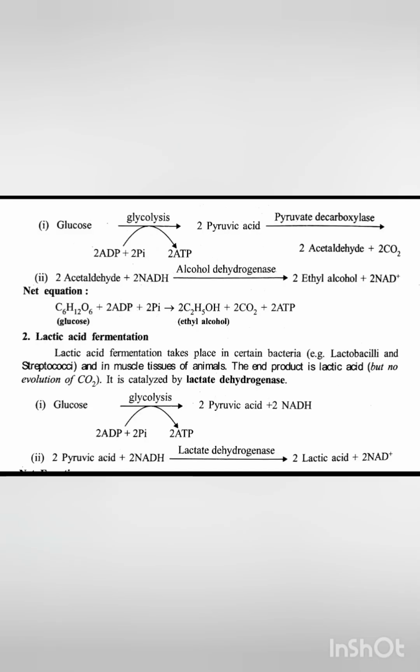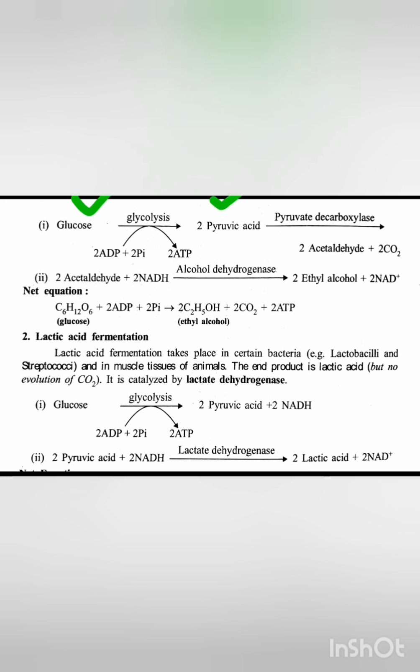Anaerobic respiration can be of two types: ethyl alcohol fermentation and lactic acid fermentation. In the case of ethyl alcohol fermentation, first glucose is converted to pyruvic acid in the process of glycolysis, and the glycolysis pathway is common to both aerobic and anaerobic respiration.